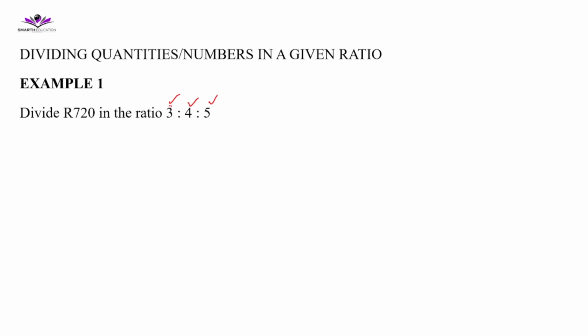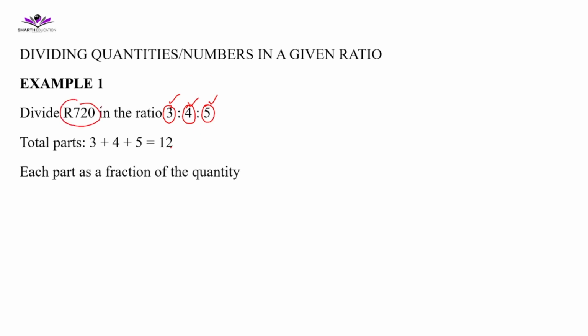So this is 3 out of 12. This is 4 out of 12. This is 5 out of 12. And then it is 3 out of 12 of what? It is 3 out of 12 of 720. And then this one is 4 out of 12 of 720.